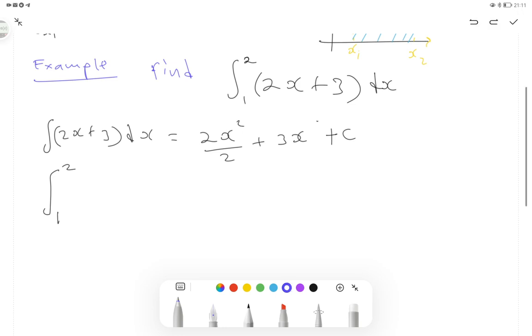2x plus 3, we already found this to be x squared plus 3x; I forgot to cancel 2 and 2 at the end.